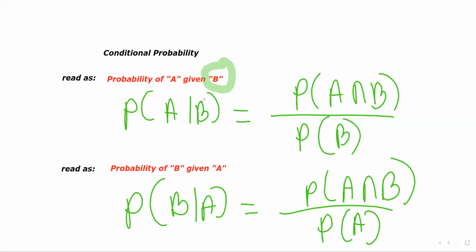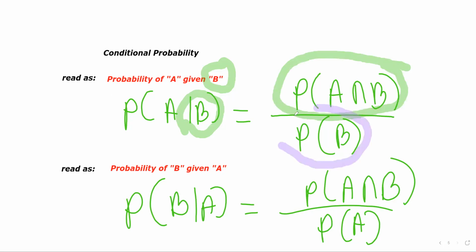So the given part is always written as a second letter right after the line dividing A and B. And that is equal to the probability of A intersection B, and the given part, which is probability of B, is written as a denominator.